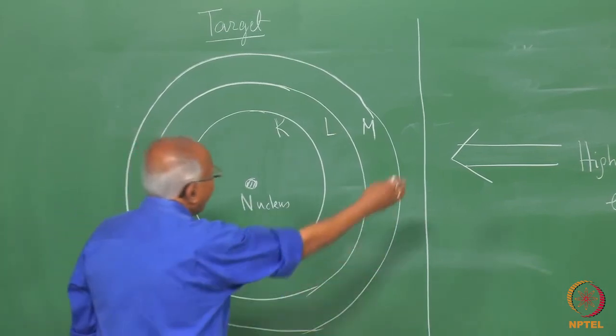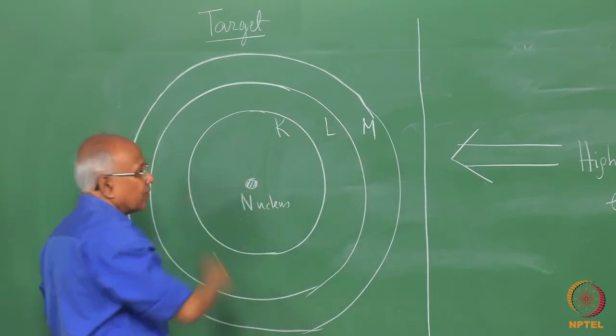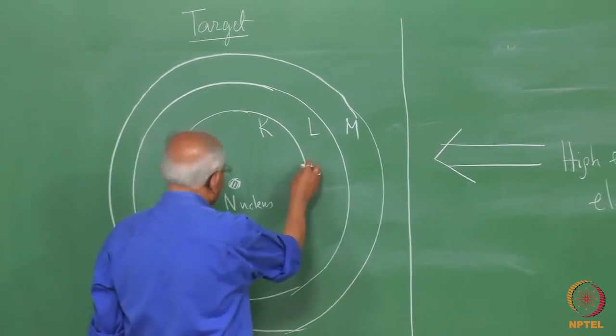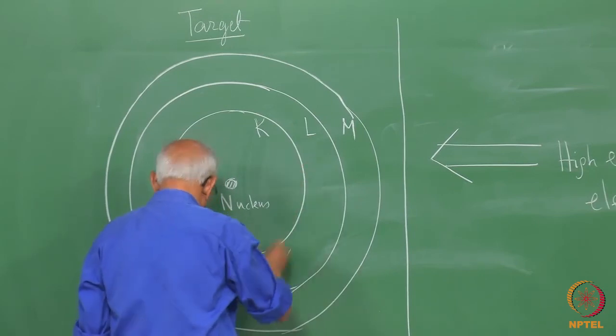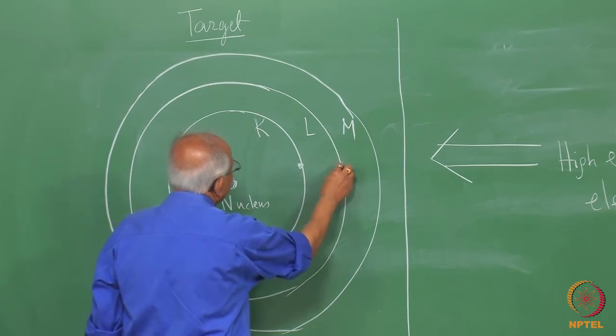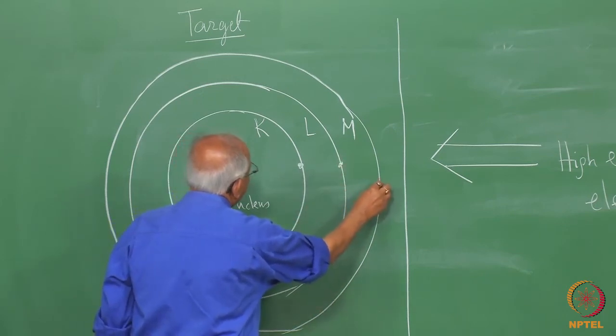So, when high energy electrons are incident on this atom in the target material, suppose there is an electron in the K shell, or an electron in the L shell, or an electron in the M shell.